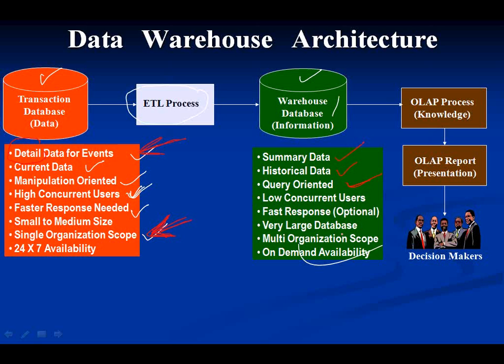And the availability of the database can be on demand. It need not be available 24/7. Whenever they need it, they will pull it. These people never spend 24/7 on this, so whenever they require, I can make it available on demand.